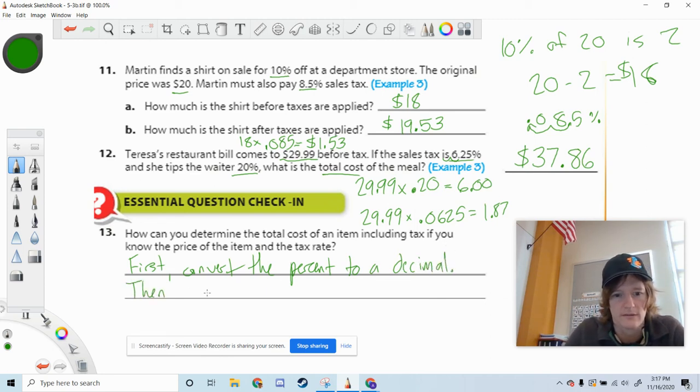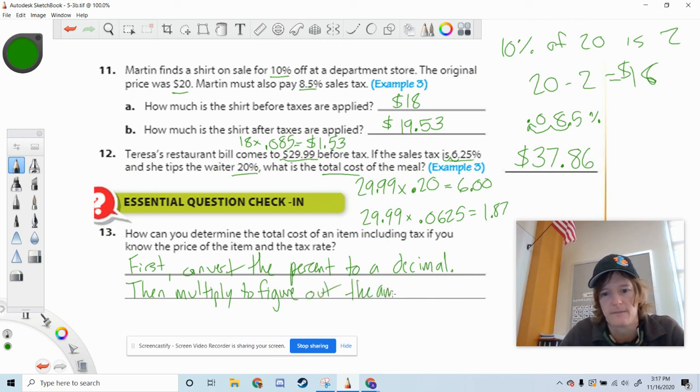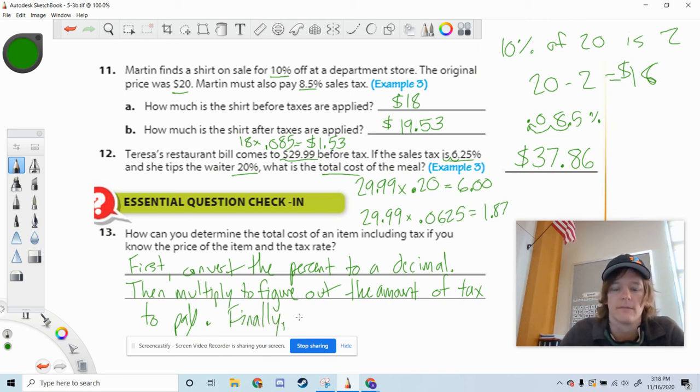Then multiply to figure out the amount of tax to pay. Finally, we add them together.